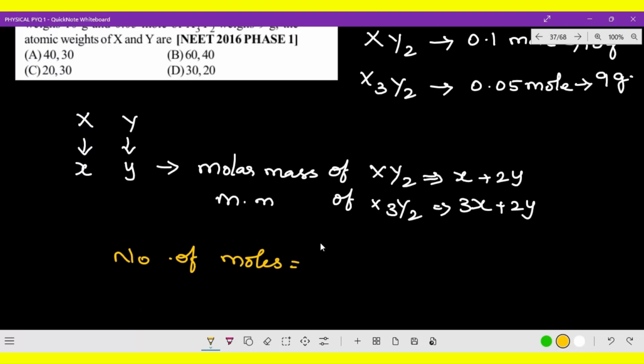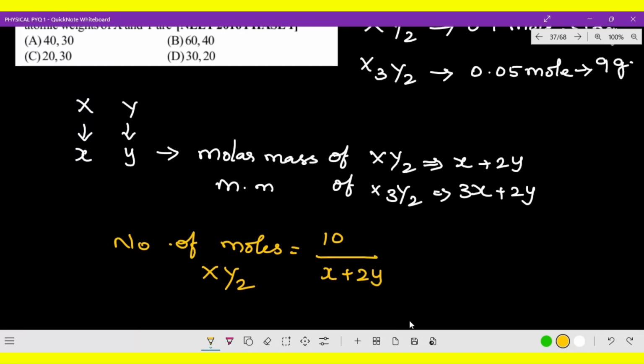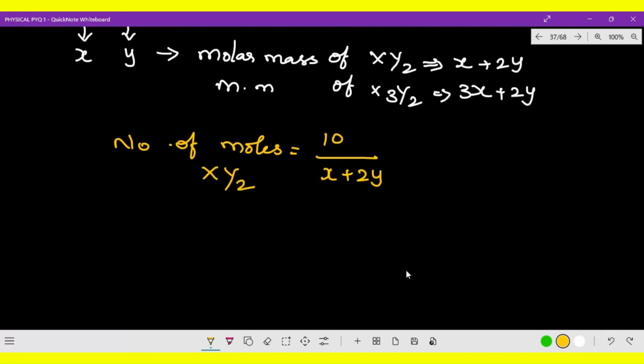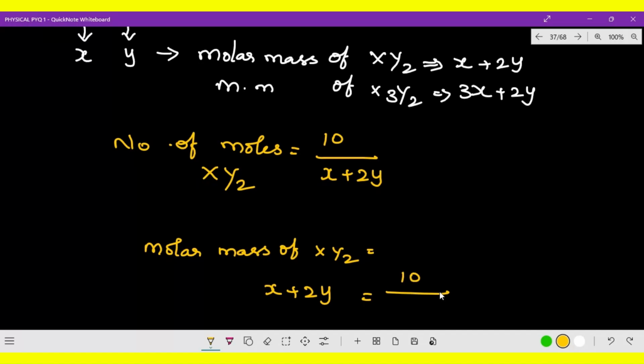So for XY2, 10 gram divided by the molar mass x plus 2y. So the molar mass of XY2, that is x plus 2y, equals 10 by 0.1.